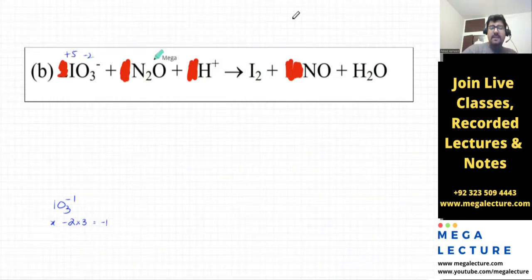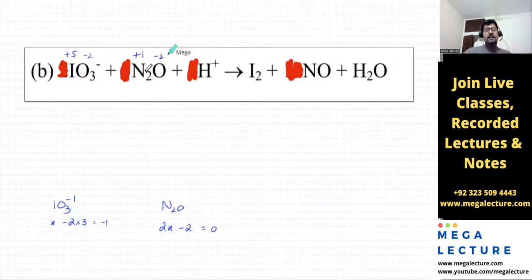So what is N over here in N2O? N2O, that's 2x -2, everything adds up to 0. So that is +1. And this is -2. Just remember that oxidation state is for one N, not for the two N's together, it's for just one N. Iodine is 0. Free neutral element, that's 0.